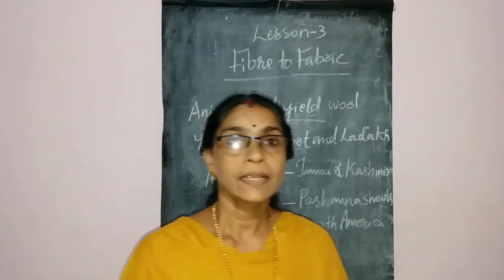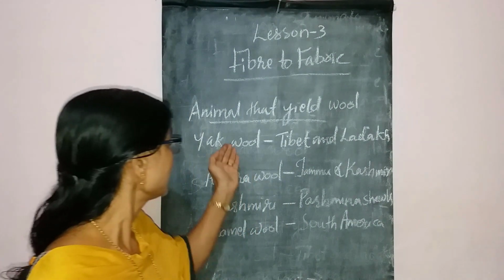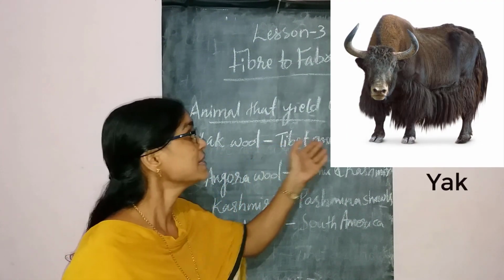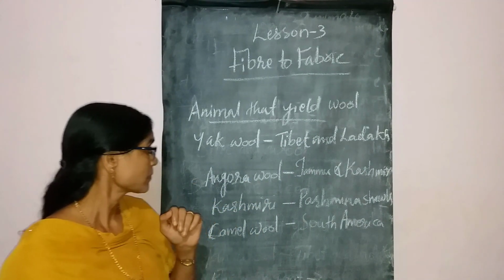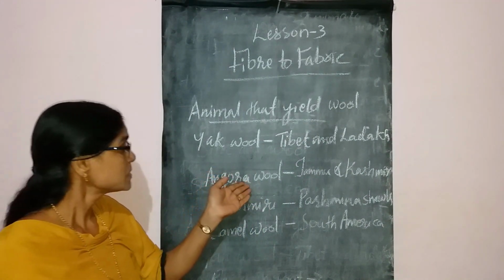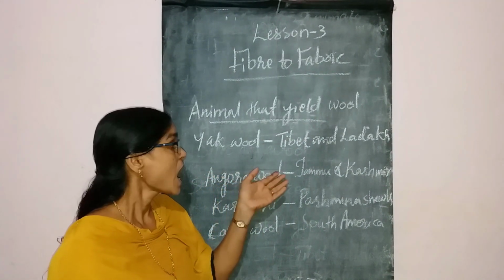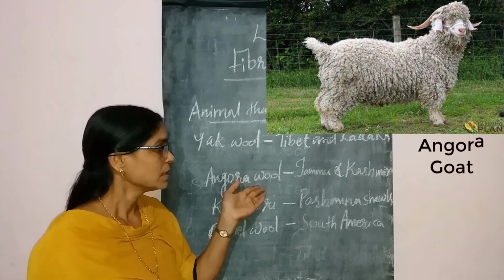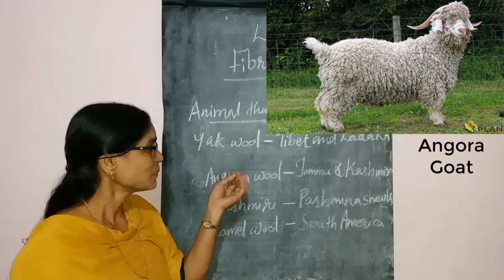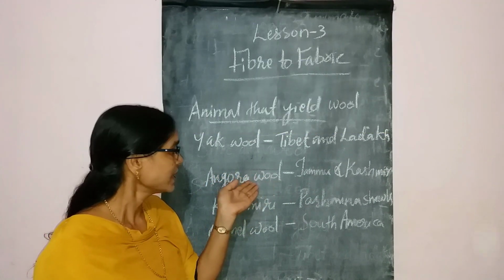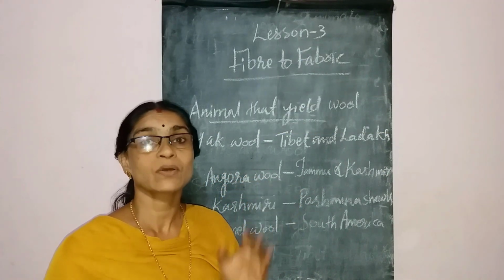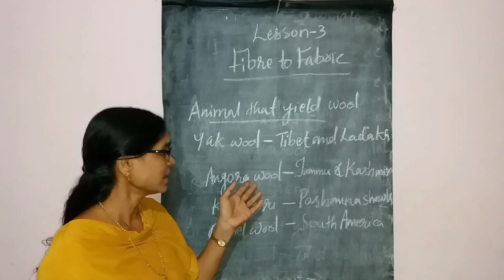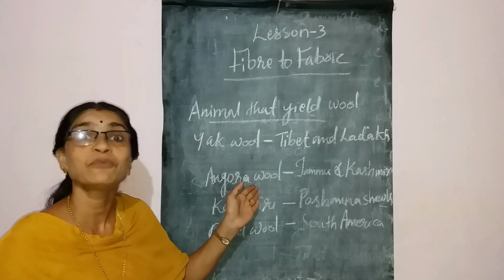We also get wool from yak, which is popular in Tibet and Ladakh. And we also get wool from Angora goats, the Angora wool, which is very fine, and they are living in the hilly areas of Jammu and Kashmir. So in Jammu and Kashmir, the Angora wool is very famous.